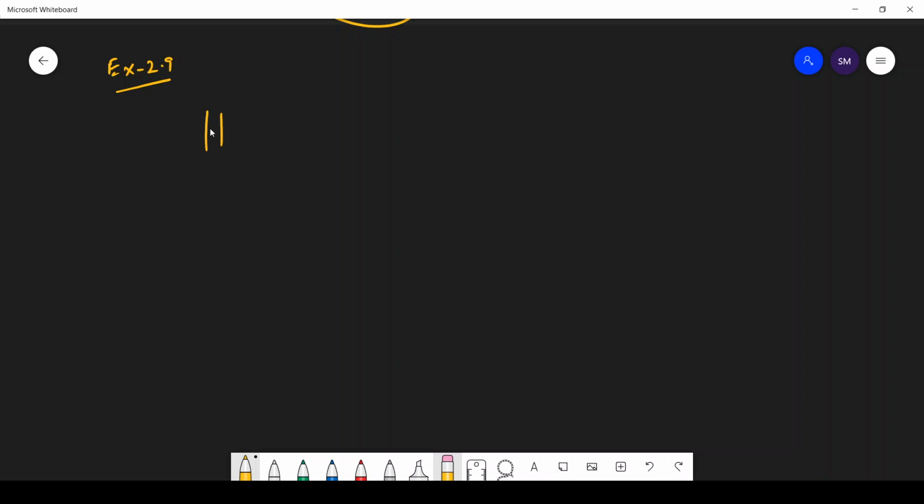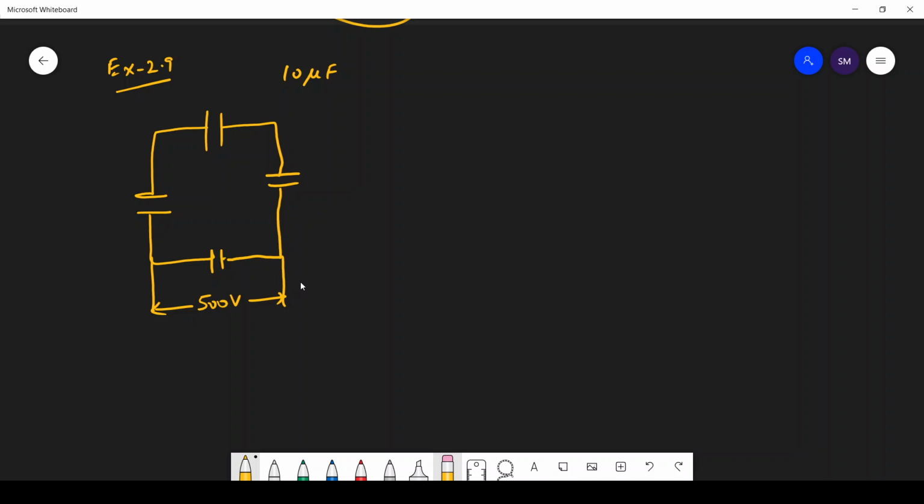This is the first one, this is the second one, then the third one, and then the fourth one over here. All of them have the same capacitance, 10 microfarad, and they are connected to a power supply of 500 volt. So this is shown in the figure.